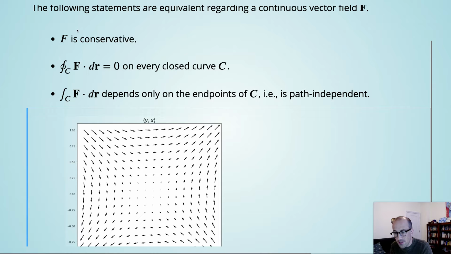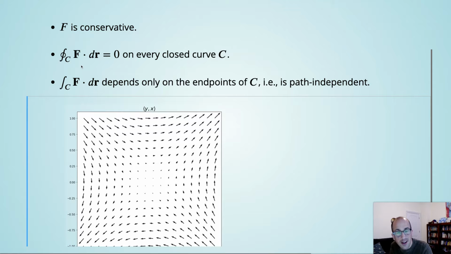So the first thing says, okay, if f is conservative, well, then it must be true that on every loop we get 0. And that's an obvious consequence of the fundamental theorem of line integrals. If I take any path around my curve, it can be as wacky as I want, but if it's closed, that means it gets back to the point it started from.